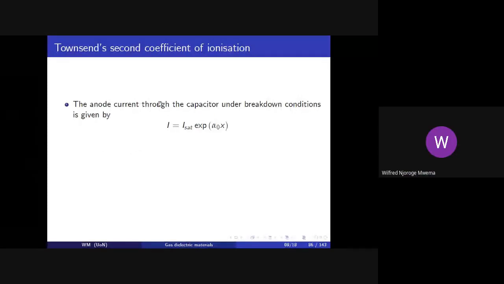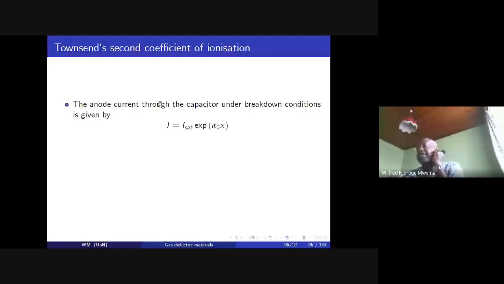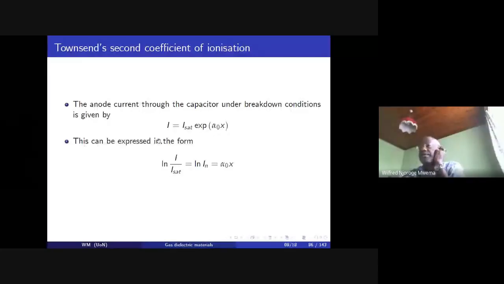The anode current through the capacitor under breakdown condition will be given by Lagrange factor. That is, we take the natural logarithm of the ratio of I by I sub zero, and this is going to be given by alpha x.